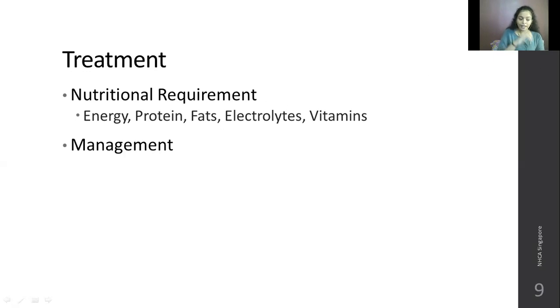Now the other management, the wholesome management which is done in the hospital. There is an initial treatment for all the life-threatening problems when the child is admitted with severe acute malnourishment. There are n number of life-threatening problems that the child may have, like hypoglycemia and hypothermia.